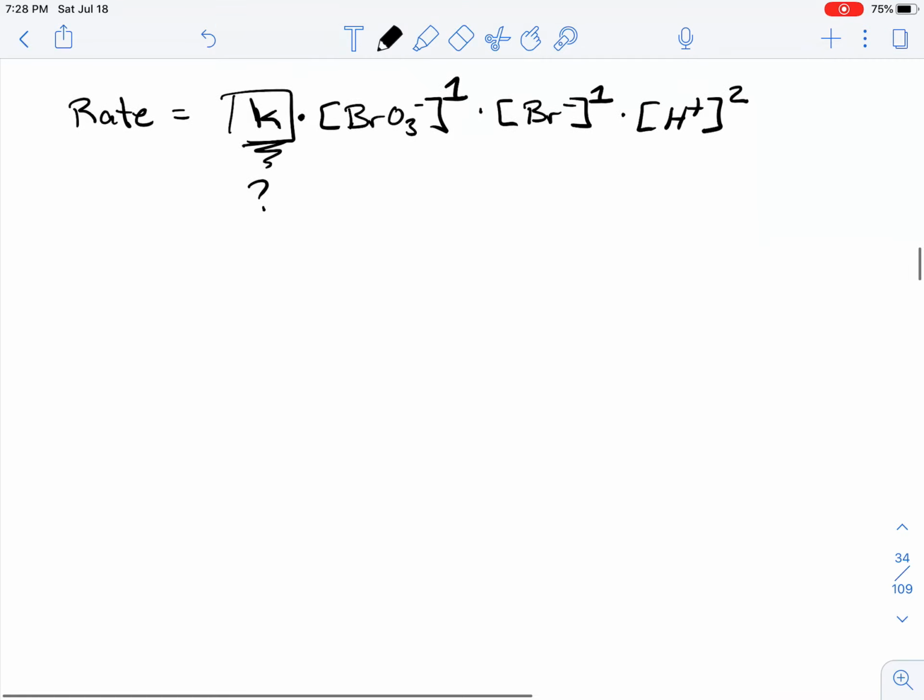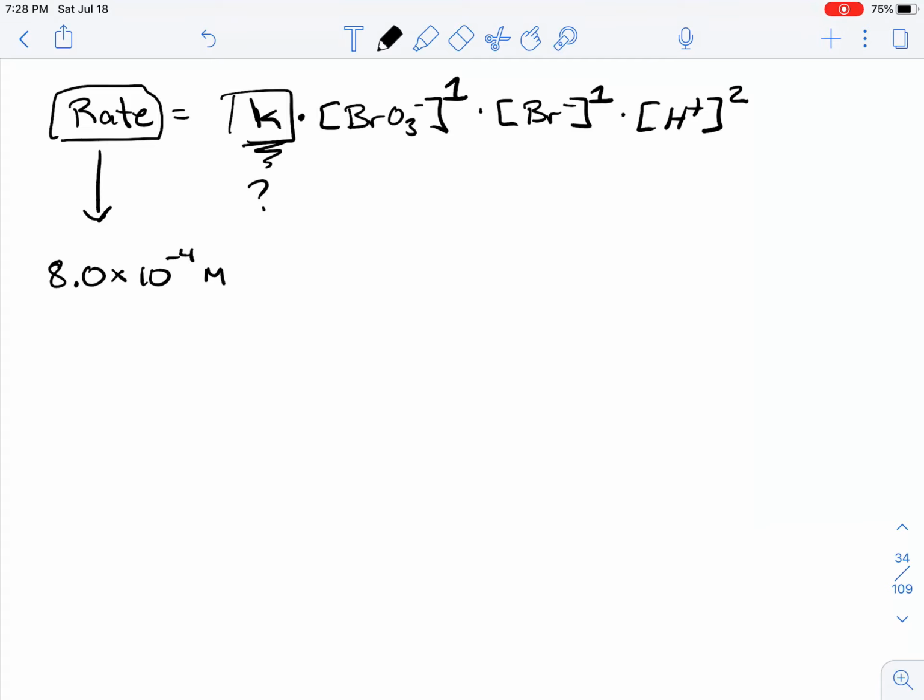And so the initial rate of 8.0 is going to replace the initial rate of the reaction. So the initial rate of the reaction is going to be 8.0 times 10 to the negative 4 molarity per second, and that's going to equal the rate constant k times, and I'm going to replace the variable concentrations with their actual concentrations for experiment 1.